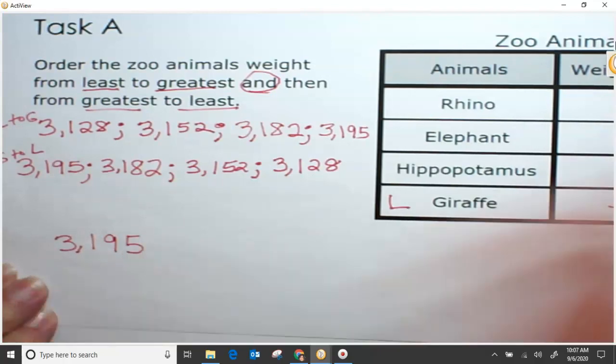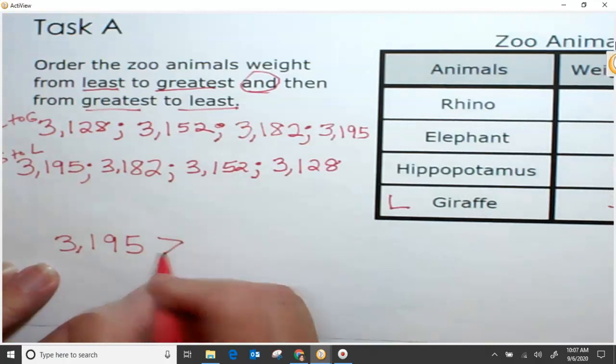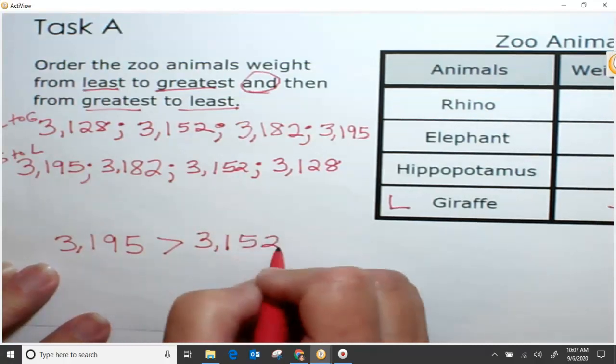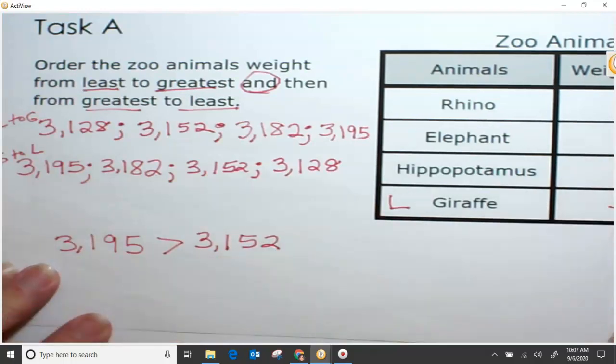So I'm going to say 3,195, and is that greater than or less than 3,152? It is greater than 3,152. Okay. And what about 3,152 compared to 3,182?